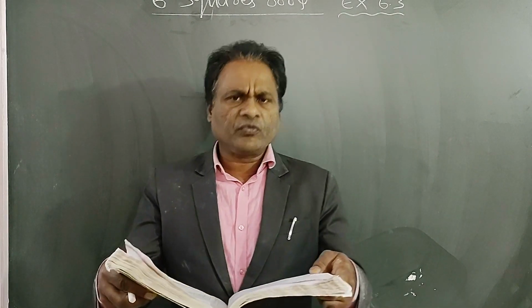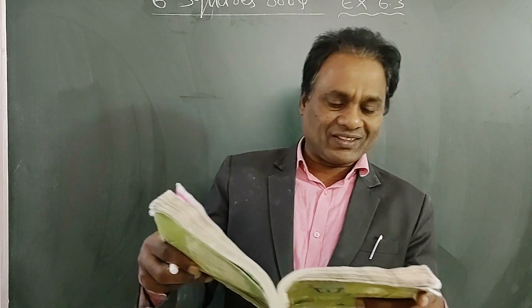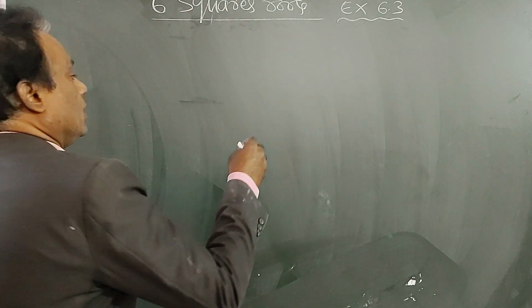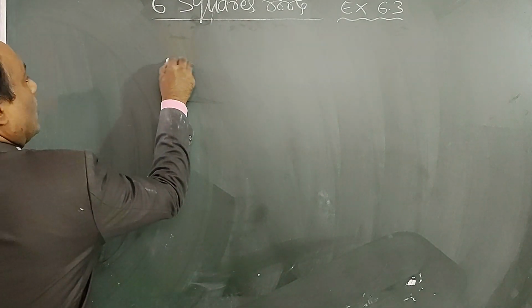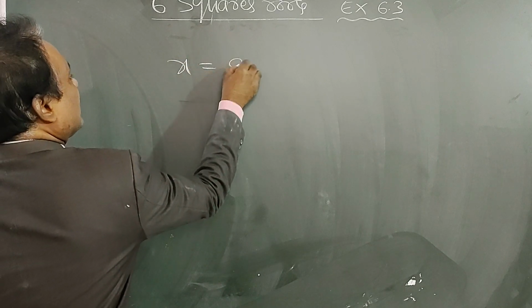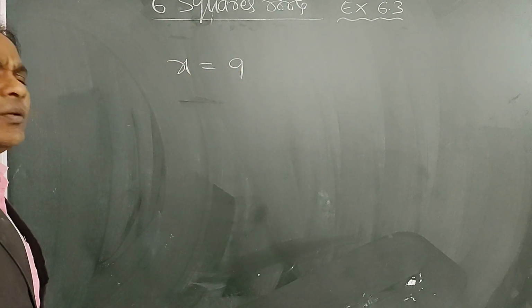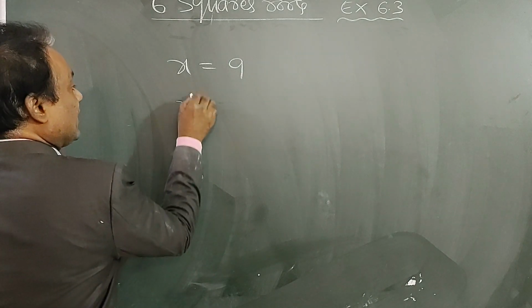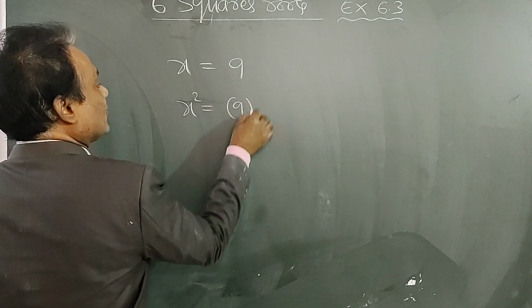Next, a few theory problems are there. So I will explain them. See here, students. Suppose x is equal to 9. What is x square? X square means 9 square.